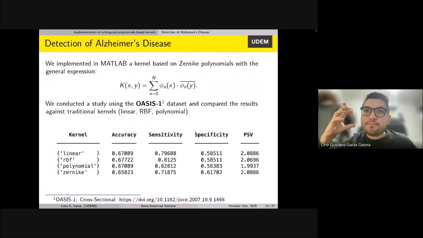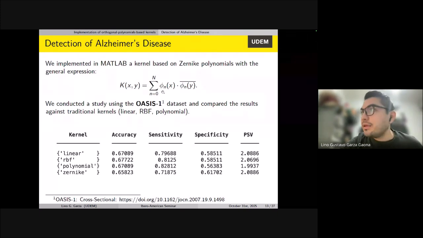From the images, we extract different features. We start with only 3 features, which were the gray matter, the white matter, and the liquid we have between the skull and the brain. Using those features with the SVM and this kernel, we obtain these results.